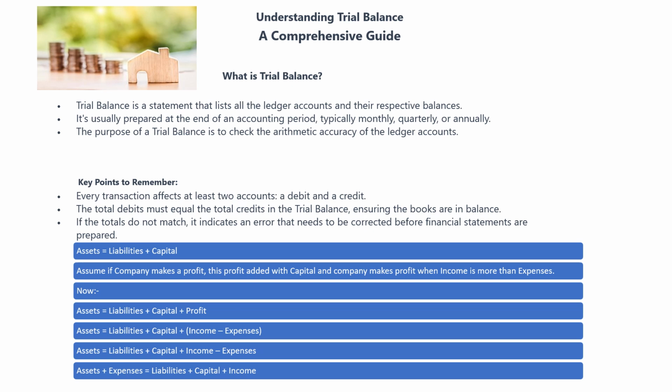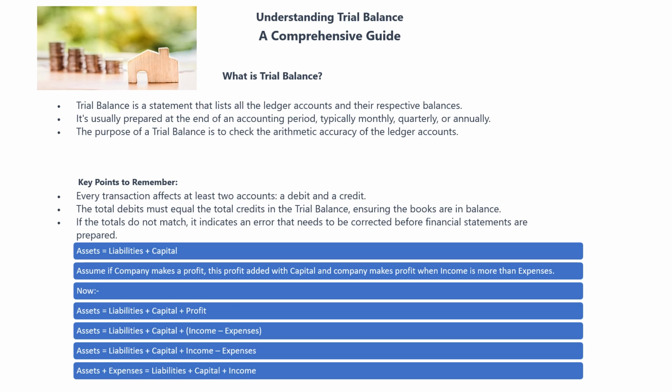That means the income is more than expenses, right? This is nothing but an algebraic equation, and I will just expand it according to my requirement, and I will get to know which accounts are to be debited and which accounts are to be placed on the credit side in the trial balance. Why did I say placed? Because as I said earlier, a trial balance is not an account, it's just a statement, right?